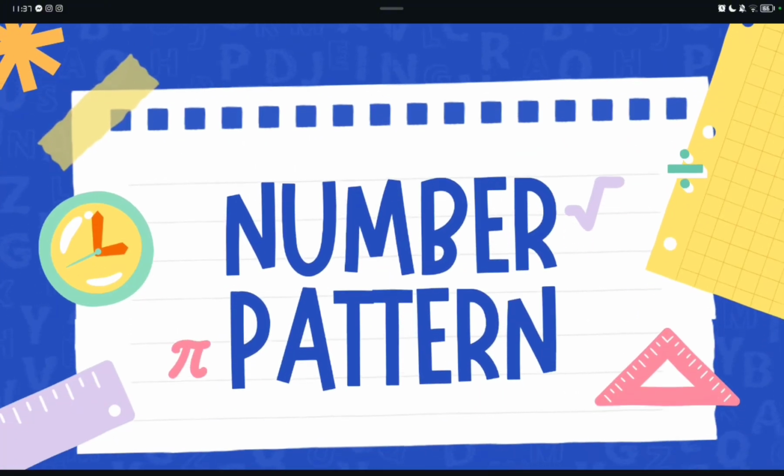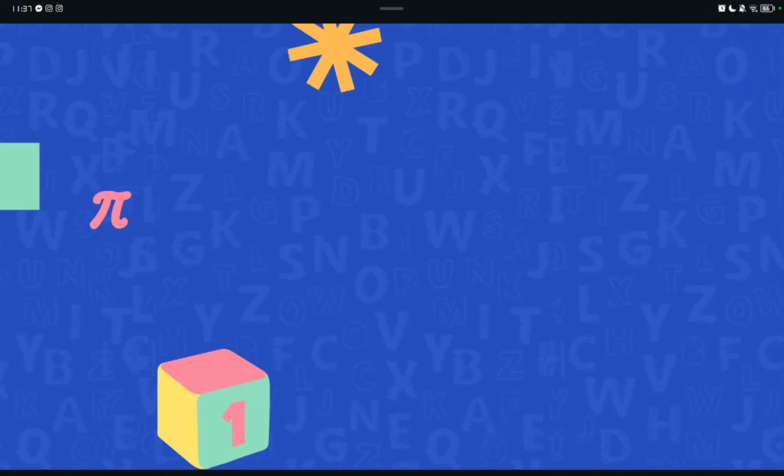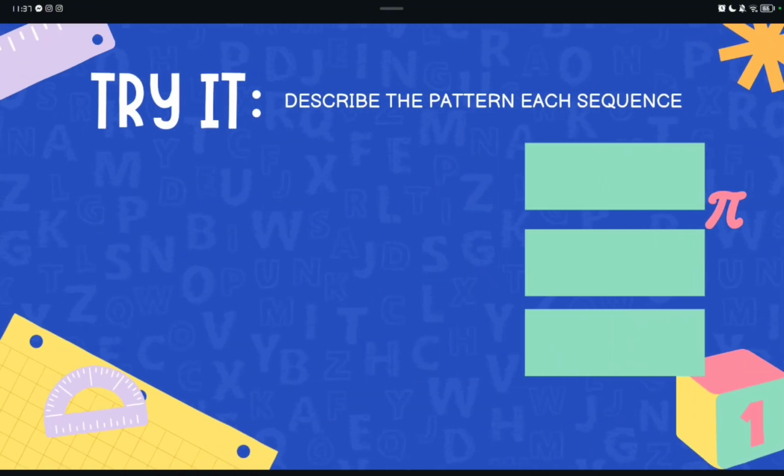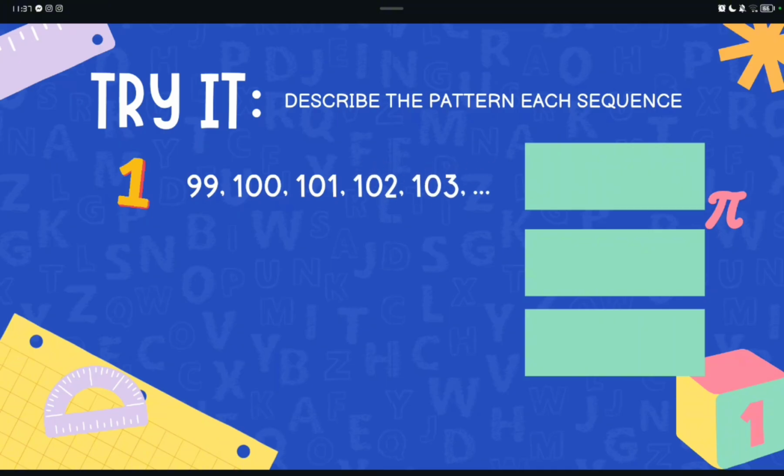And then next, we have the number pattern. Before we proceed to the definition of number pattern, we have to try answering first. Describe the pattern of each sequence. So one, we have 99, 100, 101, 102, 103, and so on.